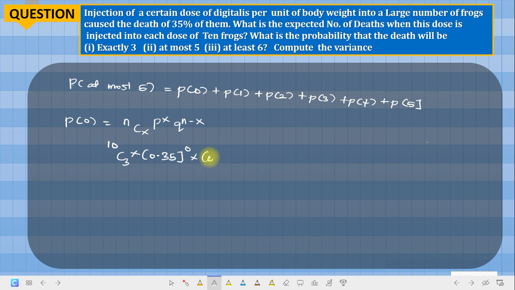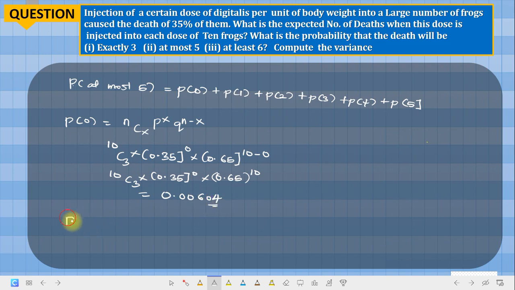Then times 0.65 raised to the power of 10 minus 0. And this will give us 10 combination 0 times 0.35 raised to the power of 0 times 0.65 raised to the power of 10, because 10 minus 0 is 10. And when you compute this, it's going to give us 0.00604. So that's the probability that none will die.